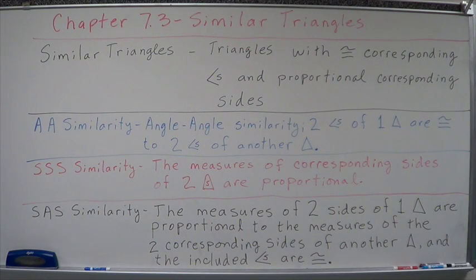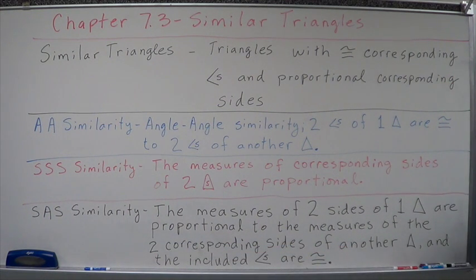So what we have is two sides that are proportional, and the angle between those two sides is congruent.